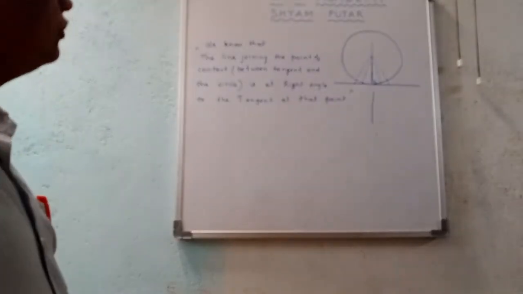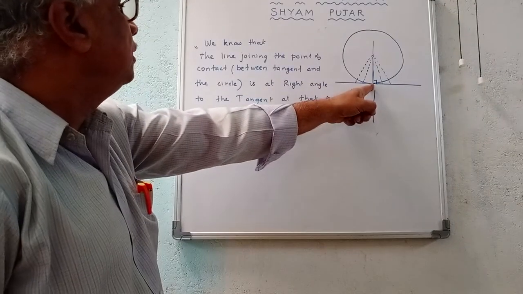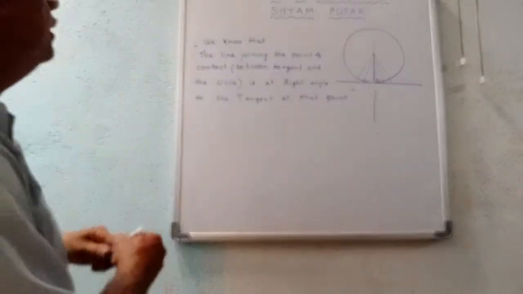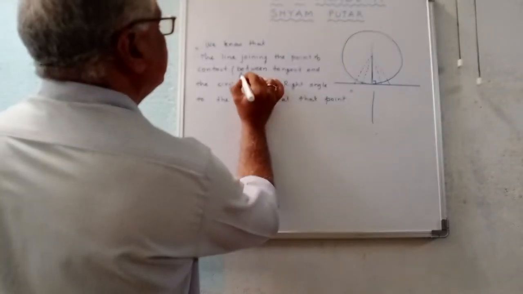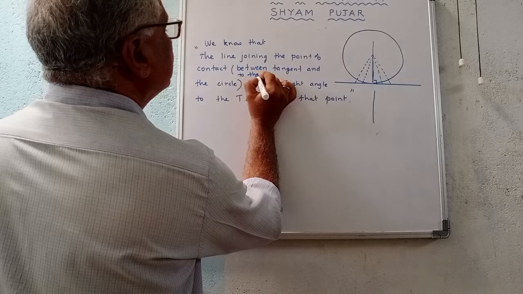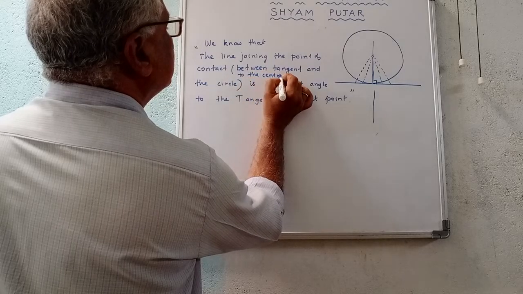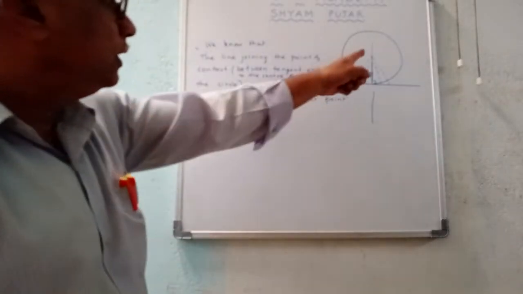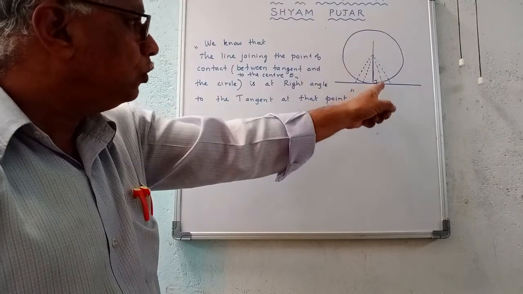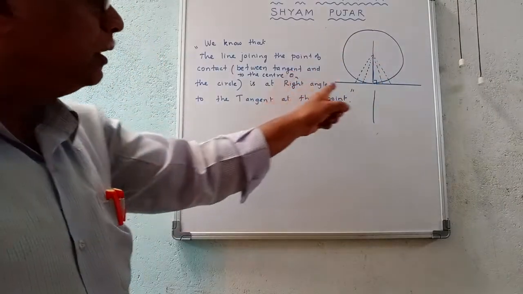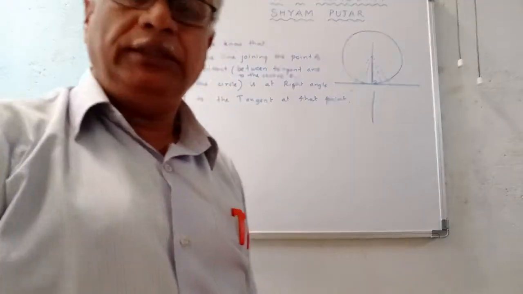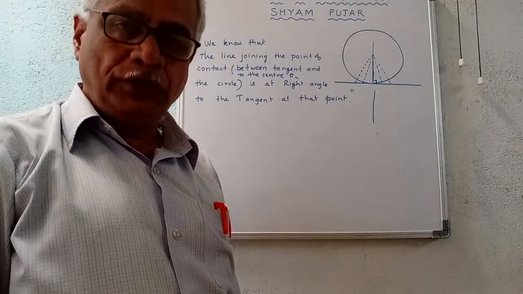We know that the line joining the point of contact to the center O, this is the line joining center O with the point of contact, is at right angles to the tangent at that point. We know it very well.